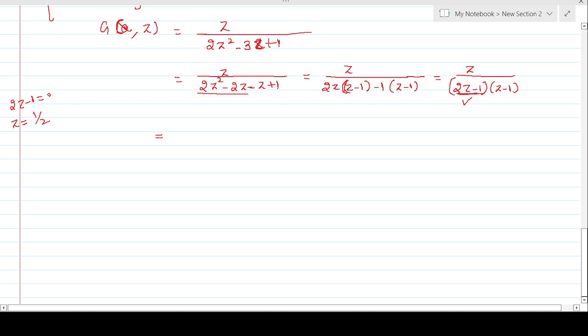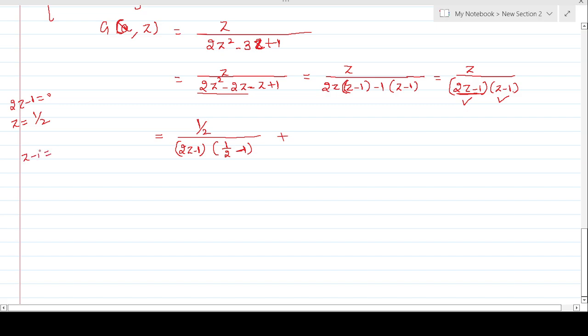Now put z value equal to 1 by 2 everywhere in this function excepting this factor 2z minus 1. So when you put z equal to 1 by 2, it becomes 1 by 2 into 2z minus 1, 1 by 2 minus 1, plus, put z minus 1 equal to 0.